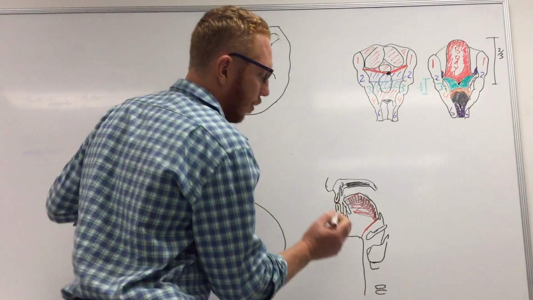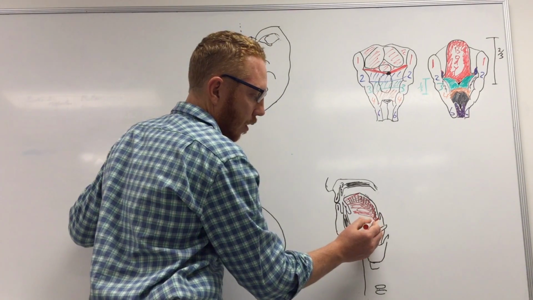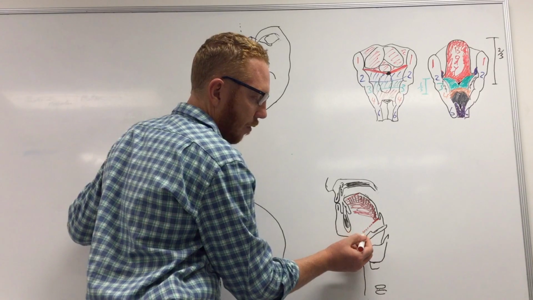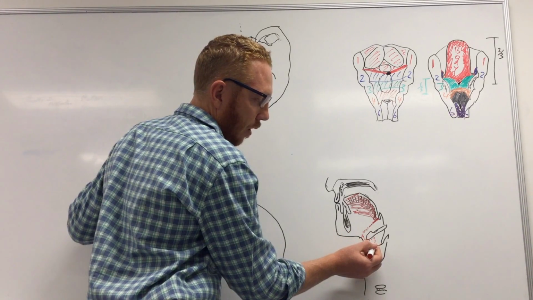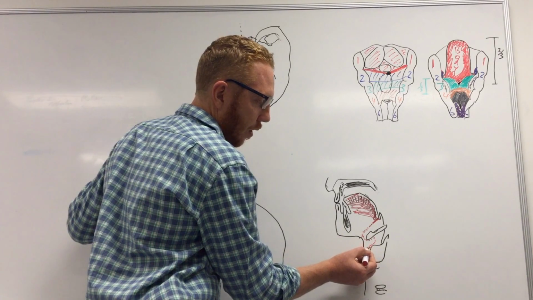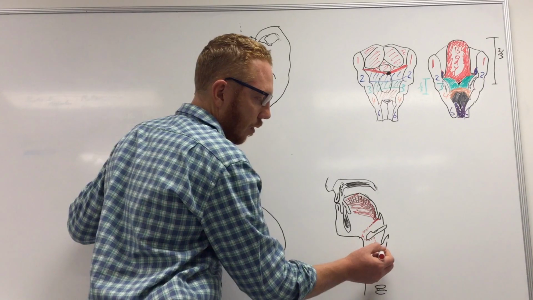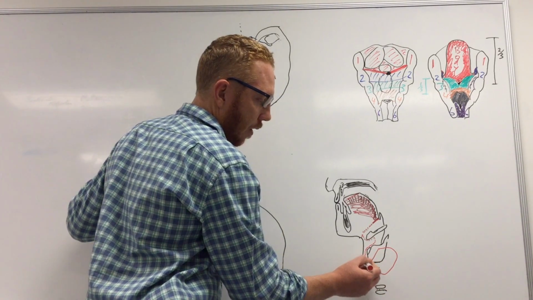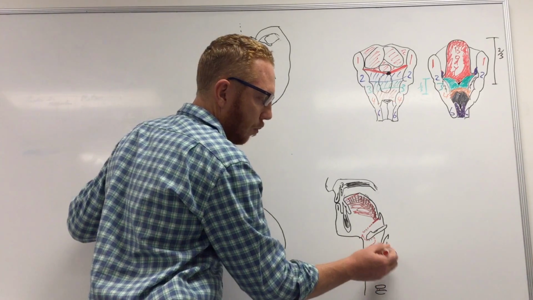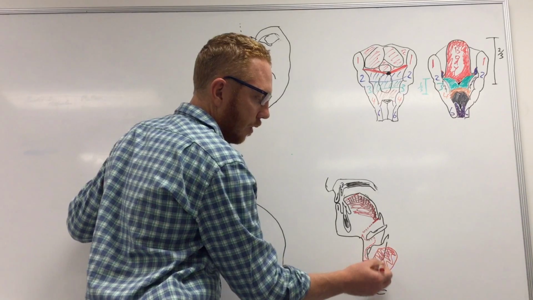So what it's going to do is it's going to migrate in front of, and then loops up behind the hyoid bone, and then continues down in front of the thyroid cartilage, where then it sits out here like so, and then having two main lobes with an isthmus in the middle, and that will sit on either side like that.